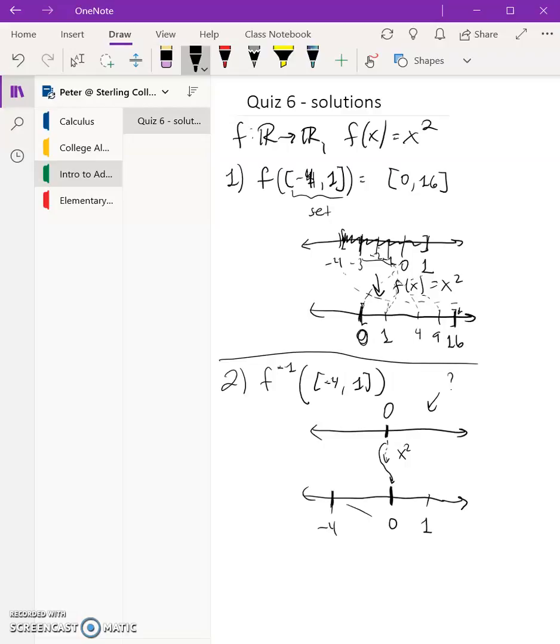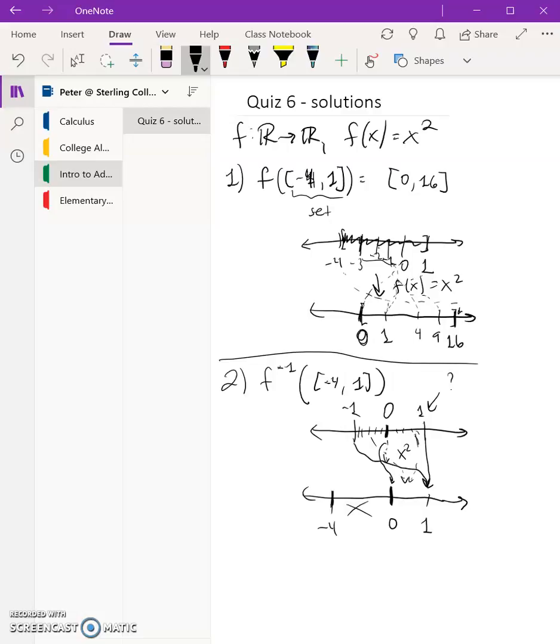Nothing's ever going to be mapped to the negative numbers, but now for 0 to 1, you're thinking, okay, well, I know 1, for instance, will be mapped to 1, but also -1 is mapped to 1. And then everything in between, all of this is going to be mapped somewhere between 0 to 1.